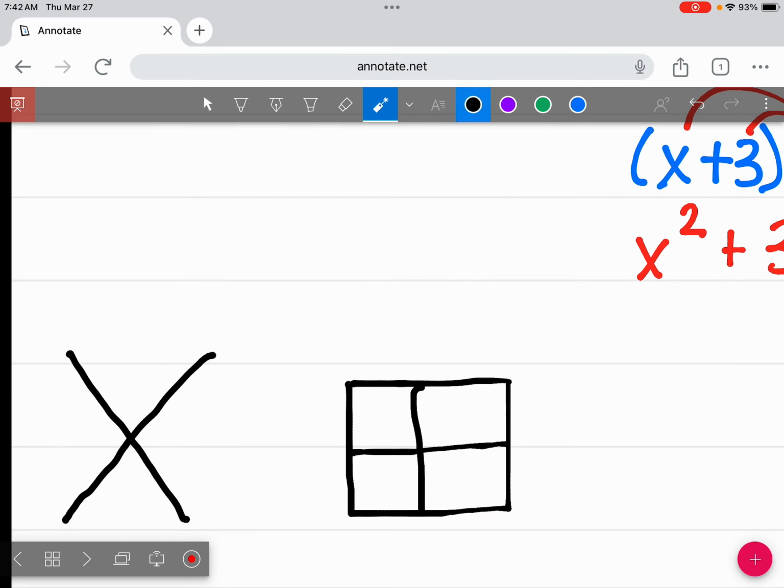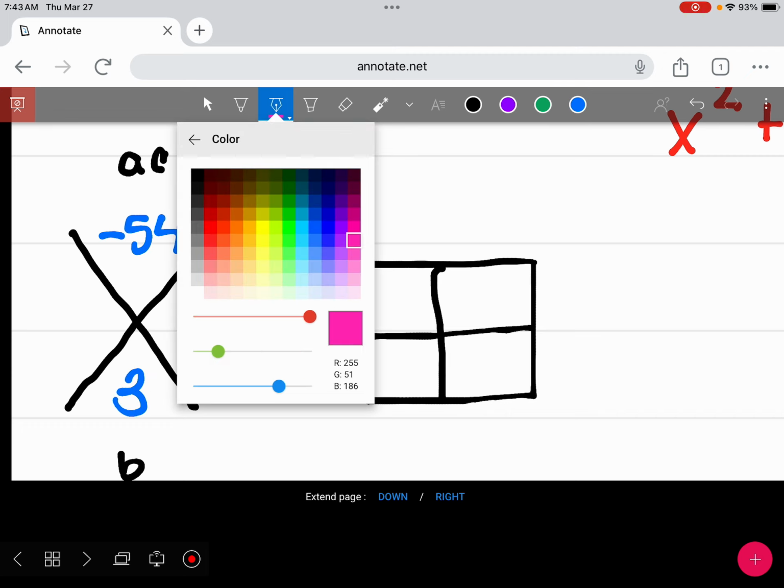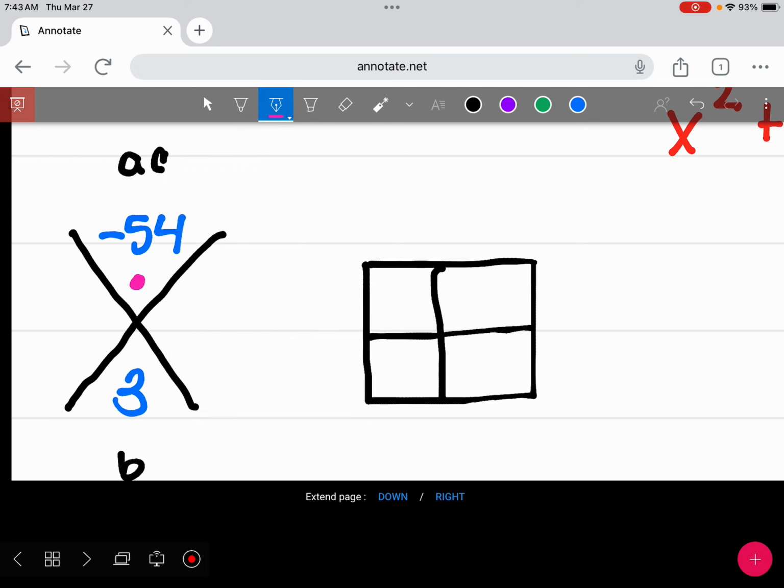This is our a times c. And b goes on the bottom. So what's going to go up here? Negative 54. What's our b? What's going to go on the bottom? 3. So what pair of numbers will multiply to make negative 54 and add to make a positive 3?